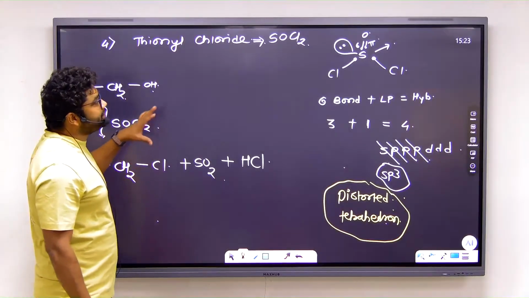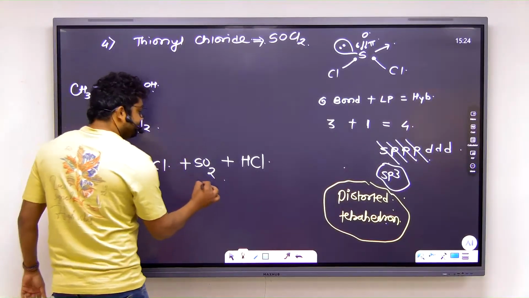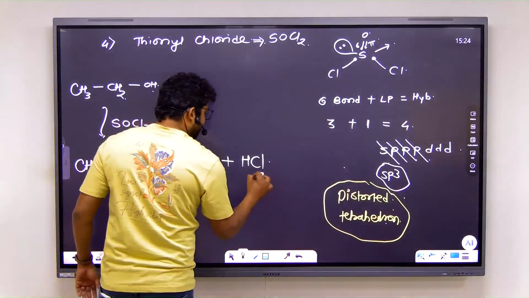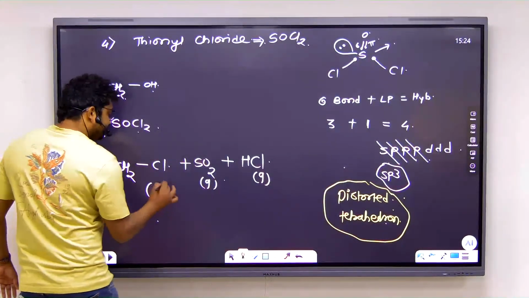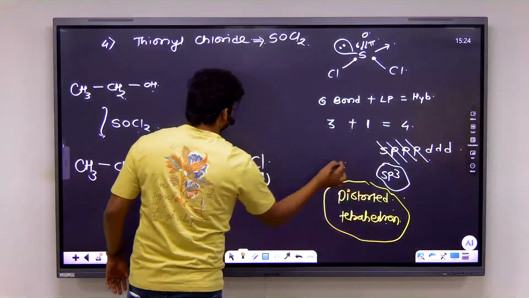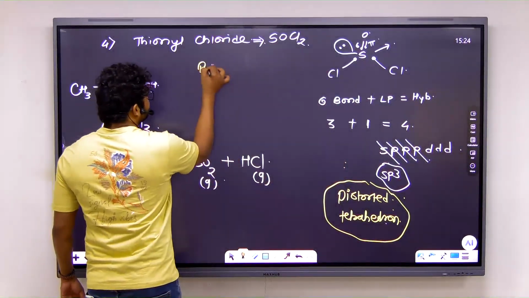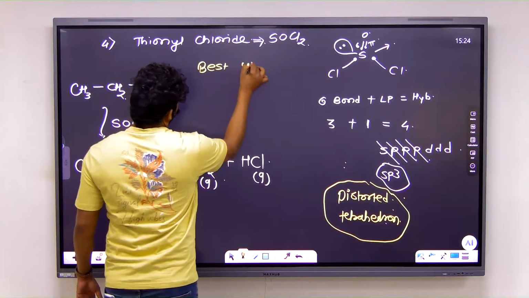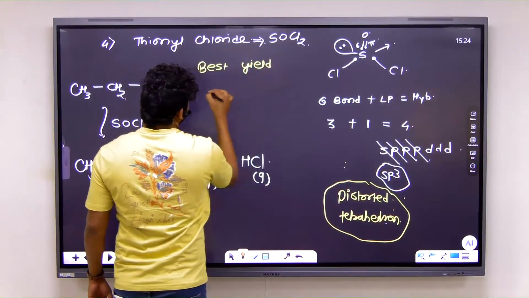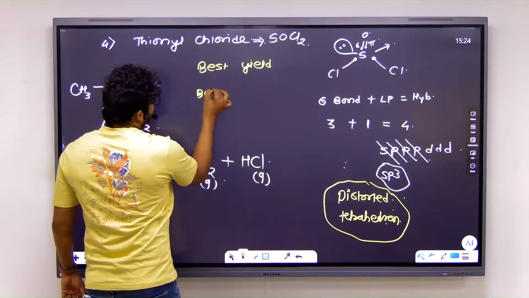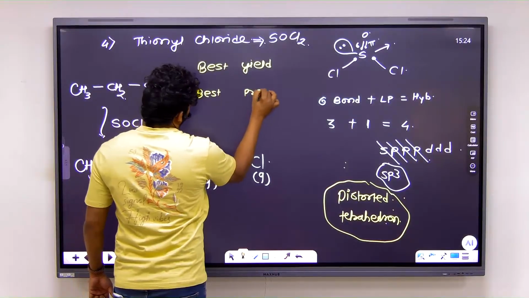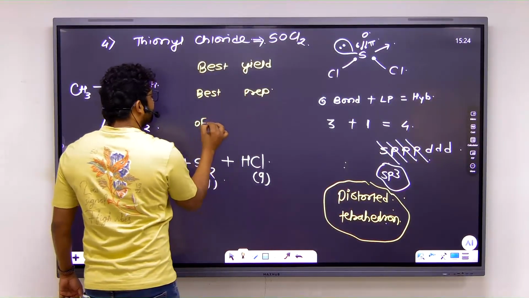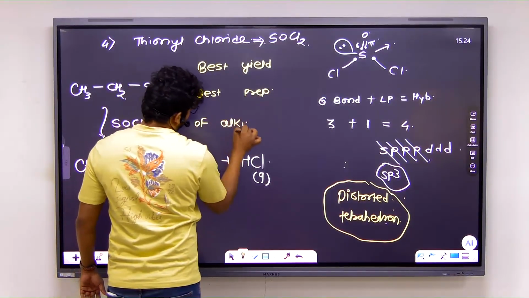दॅट प्रिपरेशन ऑफ क्लोराइड बाय युझिंग अ थायोनिल क्लोराइड is a best method for the preparation of, it is a best yield, a best preparation of what? Alkyl chloride. Of what?